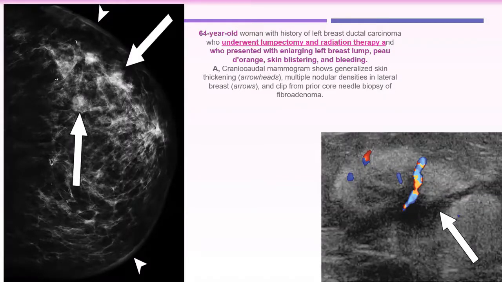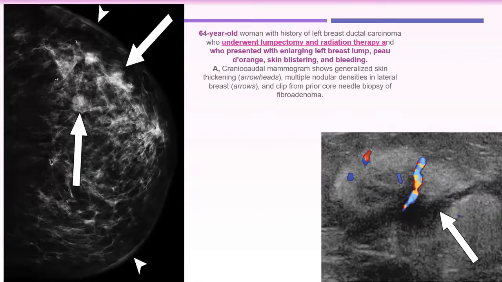See, it is usually associated with skin changes. And here, this is the mammographic nodular, high density lesion at the same site of previous abnormality. And who is going to describe the ultrasound for me?